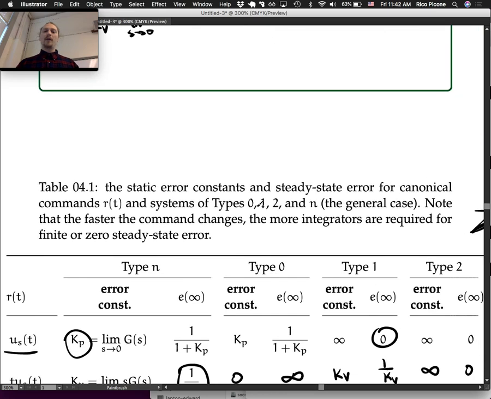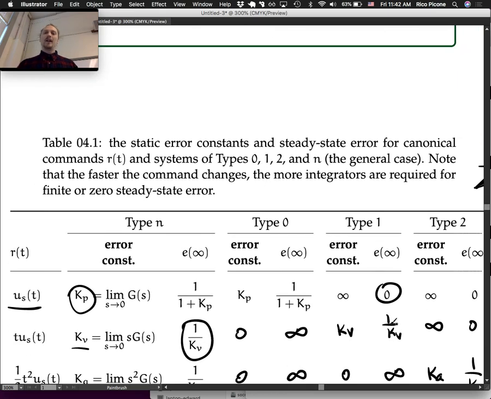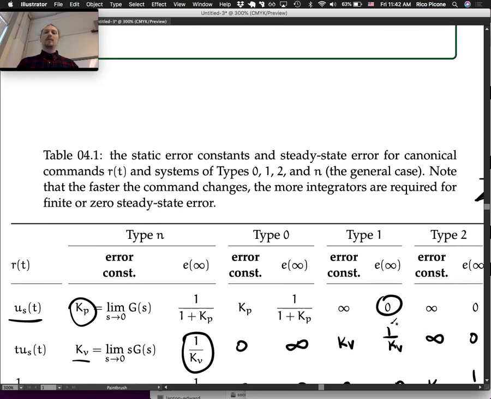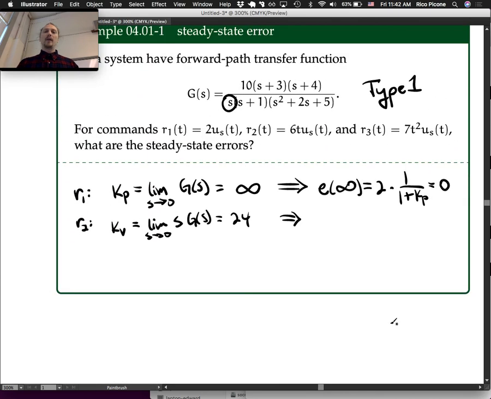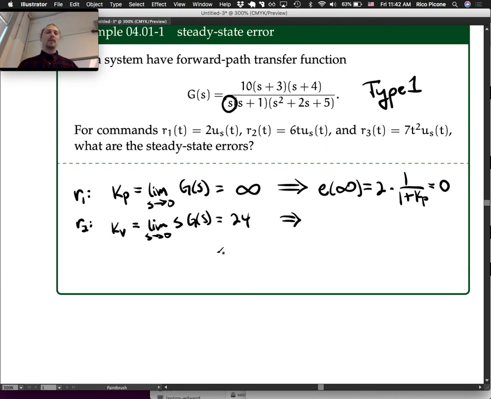Okay, so we have Kv. We know that our steady state error is going to be 1 over Kv, but it's got to be scaled by whatever we scaled the ramp by. So the steady state error is equal to 6, which is what we scale the ramp by, times 1 over Kv, which we computed here to be 24.